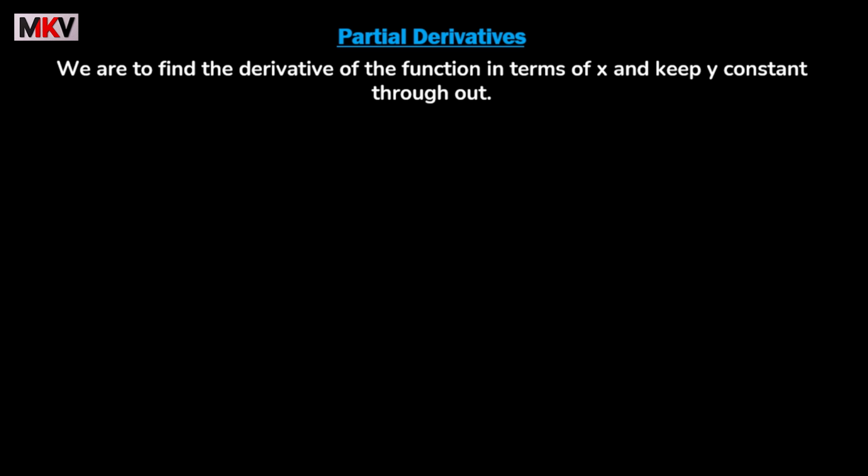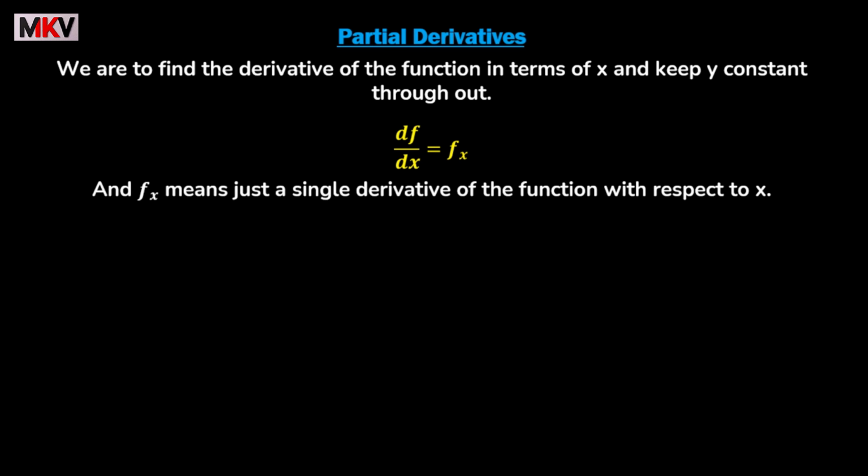So f sub x is equal to the partial of f over the partial of x, differentiating the function f with respect to x. f sub x means just a single derivative of the function with respect to x.